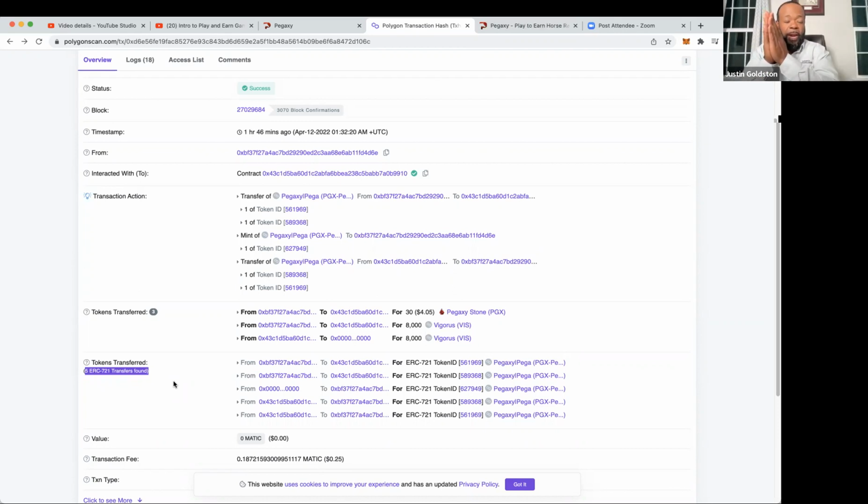They're not unique, right? They're fungible, if you will. This adult Pega is unique to this adult Pega. This baby Pega is unique to these two adult Pegas. That's what identifies them as non-fungible tokens. That's what identifies them as ERC 721 tokens.